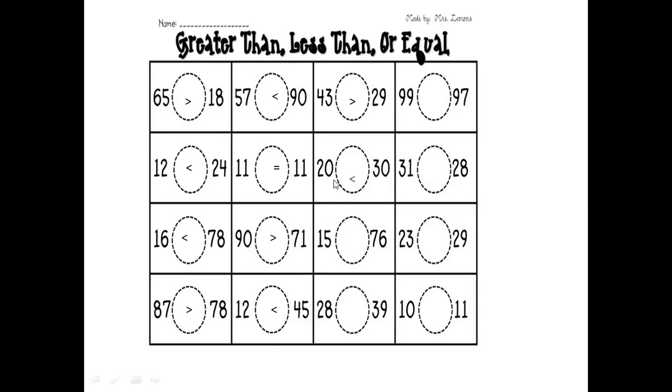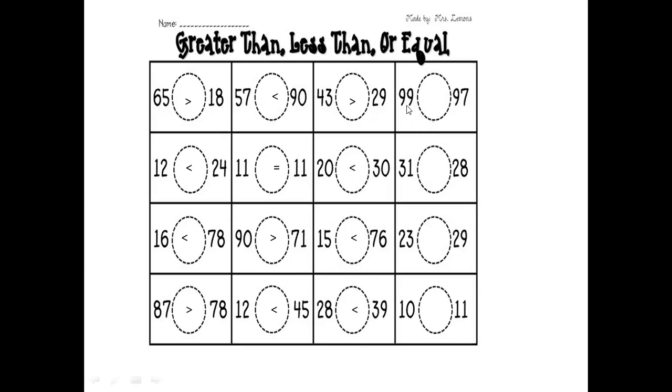So we will say that 20 is less than 30. Next, 15 and 76. 15 is less than 76. Next, 28 and 39. 28 is small, so it is less. So 28 is less than 39.